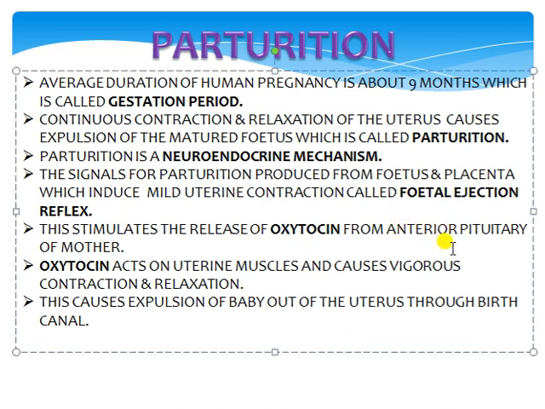It is not from the anterior pituitary, because oxytocin is always released from the posterior pituitary. Oxytocin acts on the uterine muscle and causes vigorous contraction and relaxation, and this causes the expulsion of the baby out of the uterus through the birth canal.